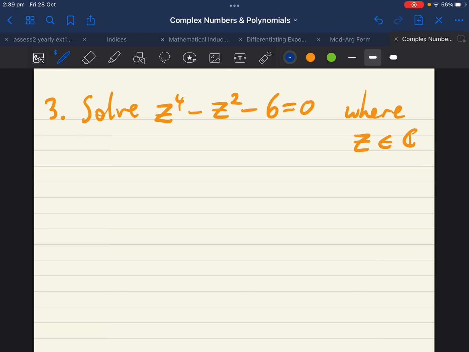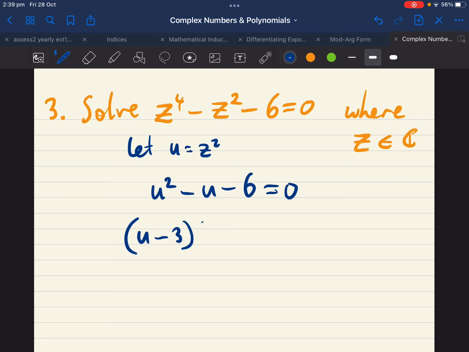If you decided to replace z squared with a u, you could definitely do that and say, let u equal z squared, and it would allow you to write this as a standard quadratic equation. Going ahead, this one actually just factorizes. So what are we going to end up with along here? And then you could replace it back with, well, what is u? It's actually equal to z squared.